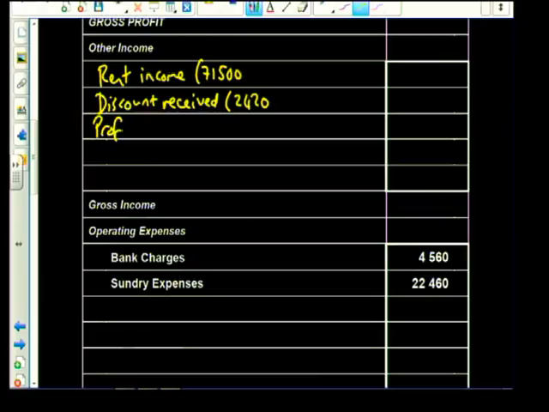So we're going to fix the first error that we've encountered, and the way we do it is, instead of recording the 3,000, we're going to put in here profit on disposal of asset, or profit on sale of asset, and we're going to put the figure of 875 in here. I don't think that we're going to change that number because we've already calculated our profit, but just in case there is going to be some other adjustment, I'm opening the bracket anyway.